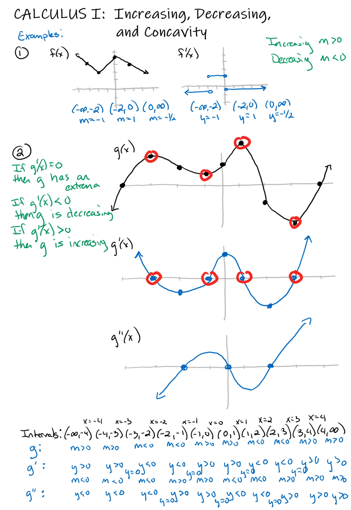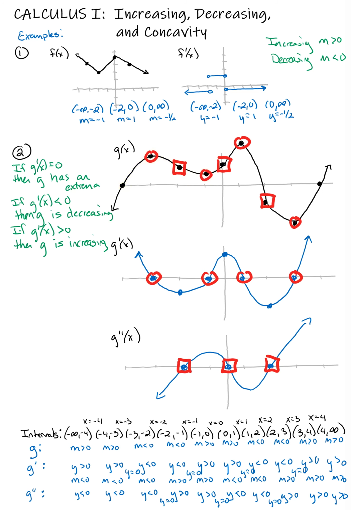All right, let's also compare the second derivative with our function. So notice every time I have a 0 on the second derivative, what happens to G? Well, let's take a look at those. It turns out it's changing concavity. Notice here it's concave up, and then it changes to concave down.